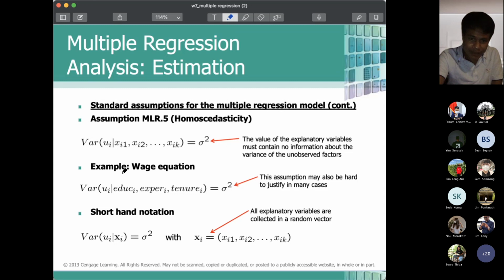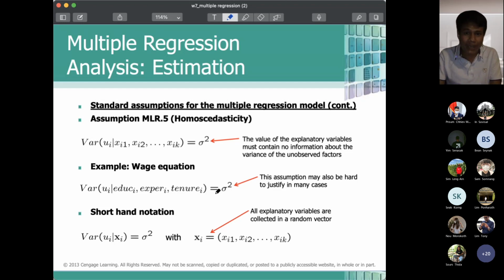For instance, the variance of the error term should not depend on experience, or depend on tenure. It should always be constant. The assumption may be hard to justify in many cases. But don't worry, we'll have a topic discussing this issue.